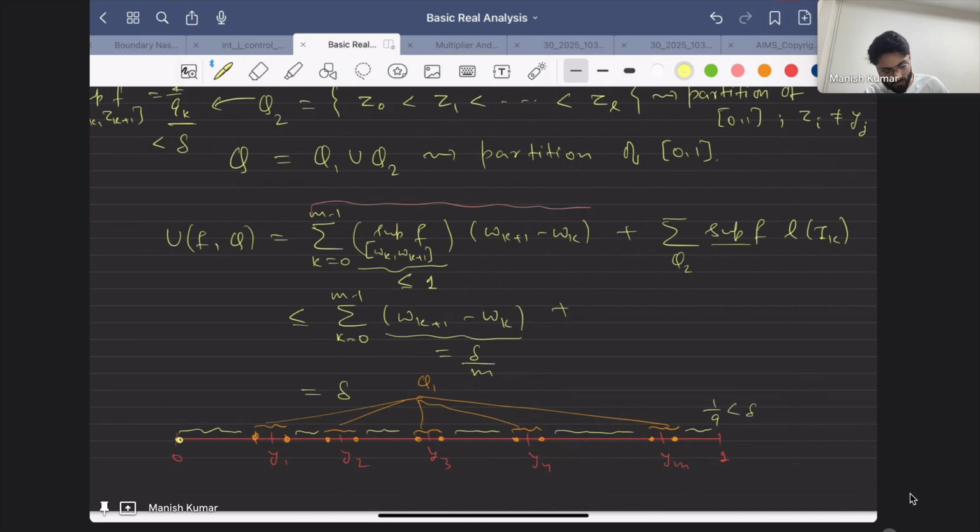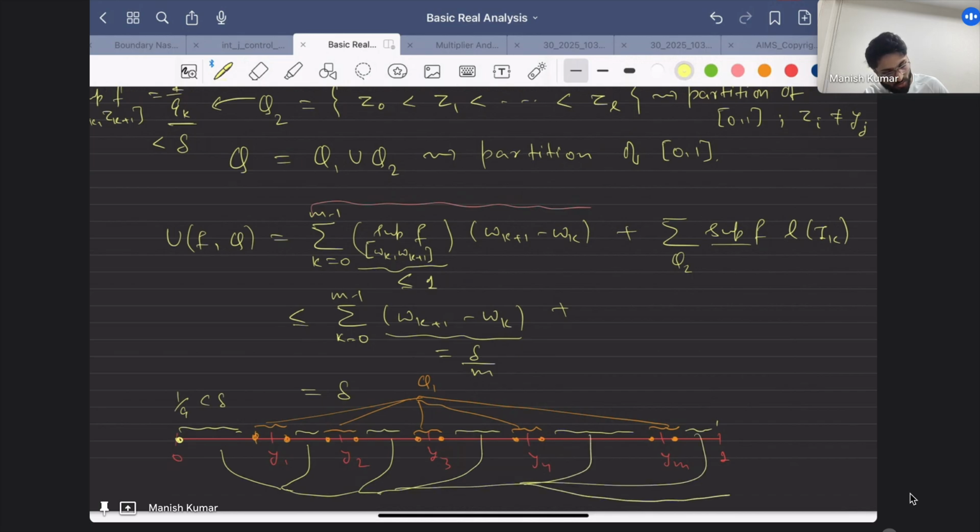Exactly, that's what I'm saying. So these are corresponding to q1. Again I'm saying the same thing, and these are the rest of the parts where 1/q is very small. So these parts, if you partition these parts, these are corresponding to this q2.